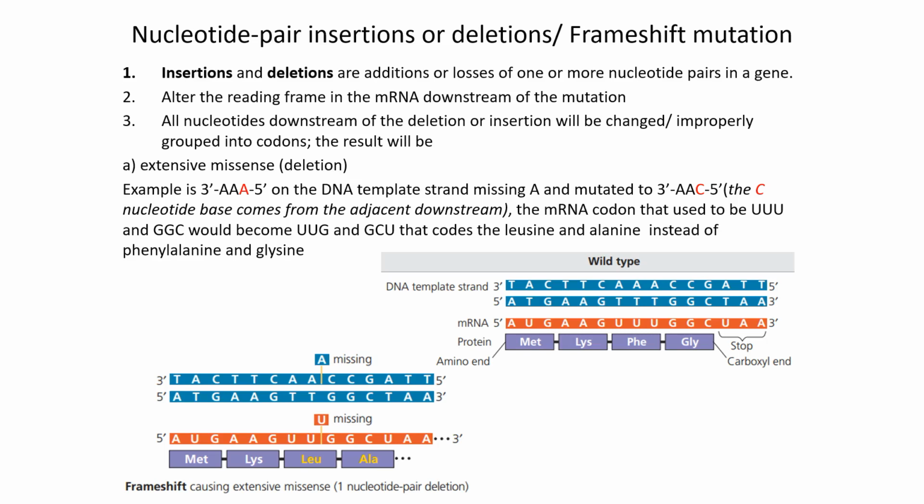Insertions and deletions are additions or losses of one or more nucleotide pairs in a gene, and this will alter the reading frame in the mRNA downstream of the mutation. All nucleotides downstream of the deletion or insertion will be changed or improperly grouped into codons, and the result will be extensive missense and extensive nonsense.